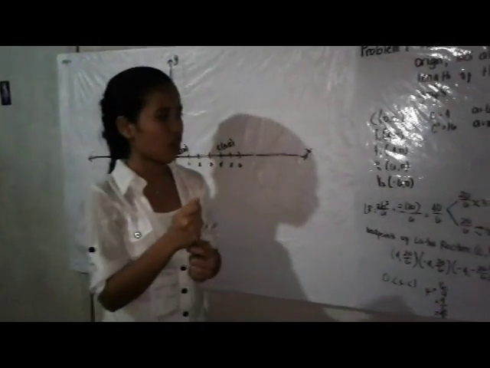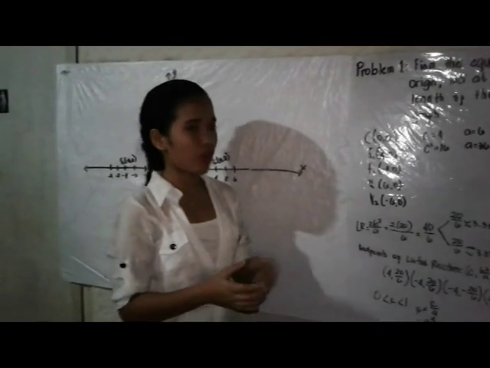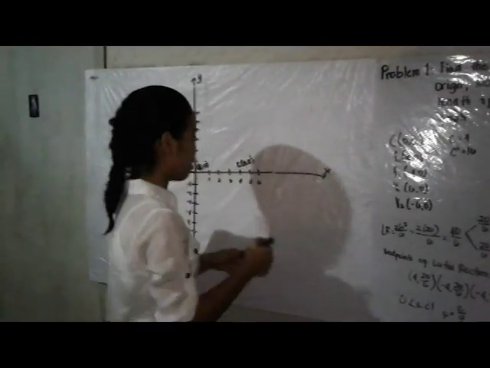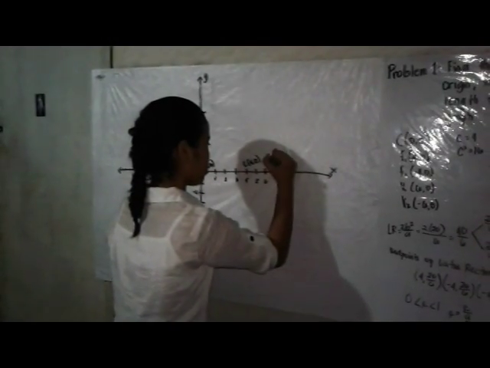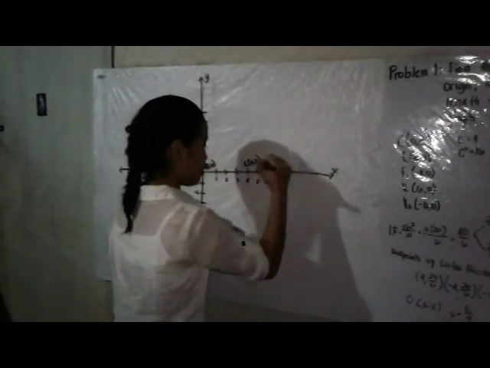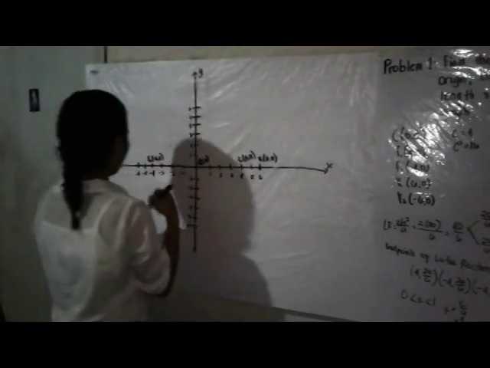Next are our vertices. Vertex 1 is positive 6, 0, and vertex 2 is negative 6, 0.